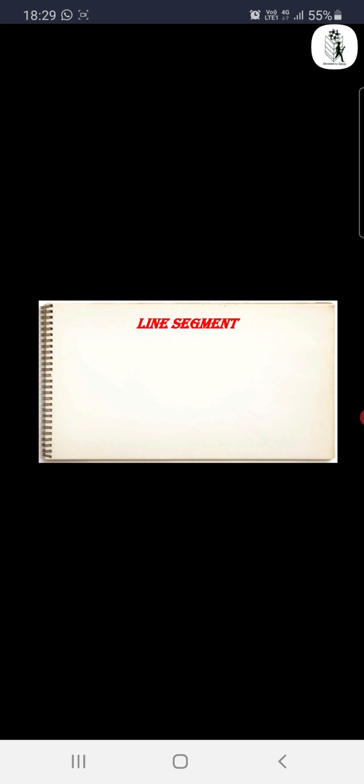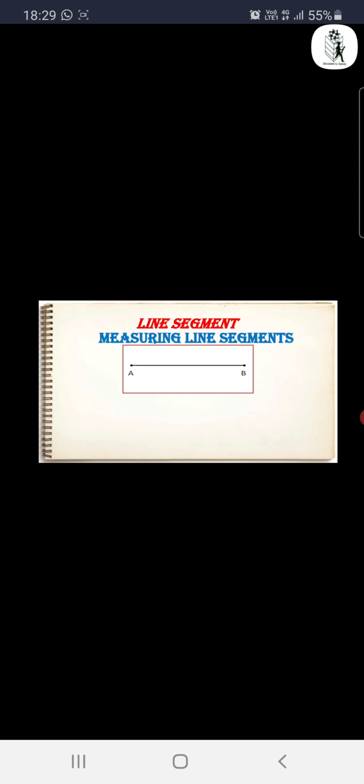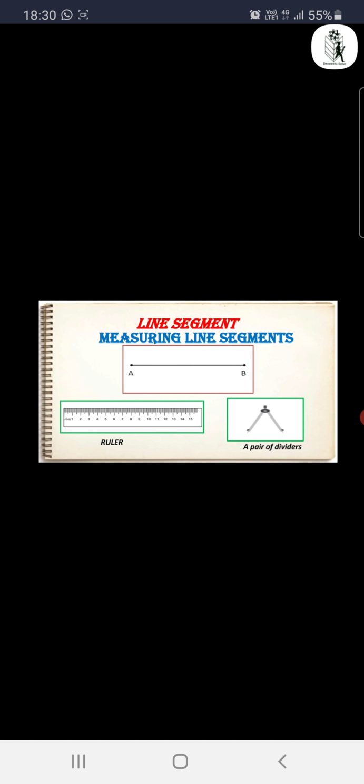Now we are going to concentrate on line segments and learn about measuring line segments. Here, I am giving you a line segment AB. How to measure this line segment? In your geometry box, you have a ruler and a pair of dividers.